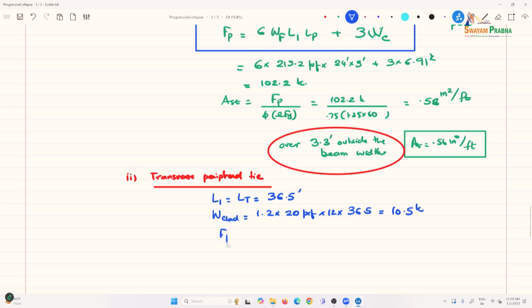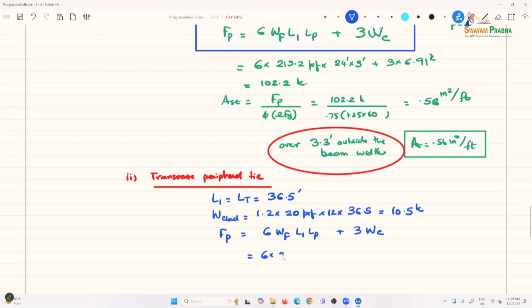FP, again hold that number. So this, the total FP is 6 WF L1 LP plus 3 WC.